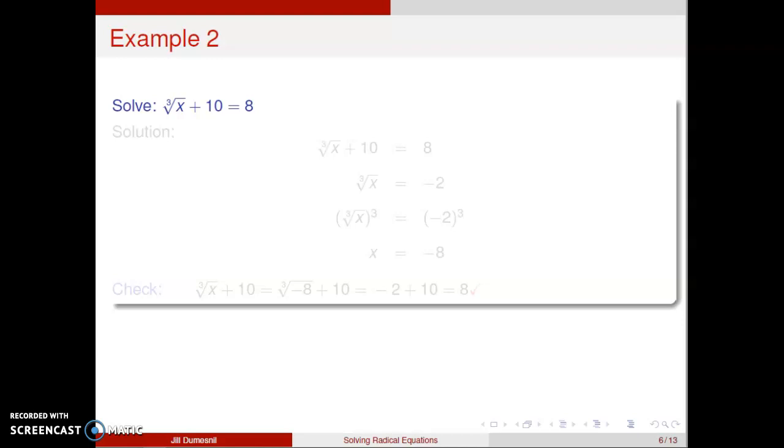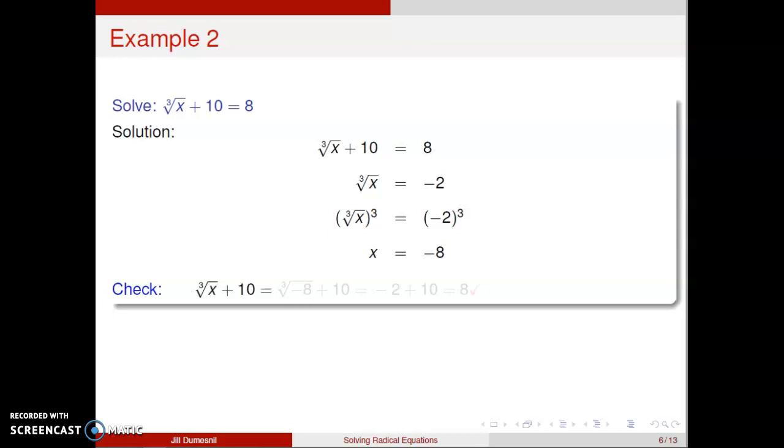Next, let's solve the equation the cube root of x plus 10 equals 8. This time the radical expression is not isolated. We subtract 10 from both sides to isolate the radical, then cube both sides, so x equals negative 8. Again, we need to check this in our original equation.